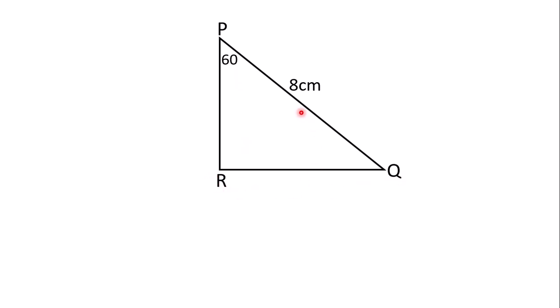So sine 60 degrees is equal to QR over PQ, or QR over 8 centimeters. Now PQ is 8 centimeters, so I'm just going to replace PQ with 8 centimeters.